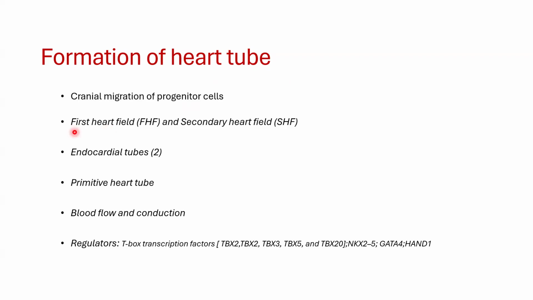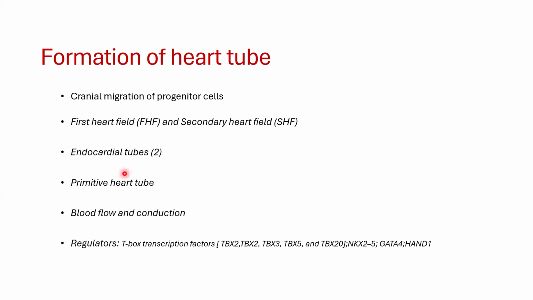The first myocardial cells that are formed are the first heart field, and the second myocardial cells are the secondary heart fields. So these are myocardial tissues that bow together to form two distinct hollow tubes. And the inner part of them are lined with endocardial tissues. So together they form what we call an endocardial tube. These two tubes then fuse together to form a primitive heart.